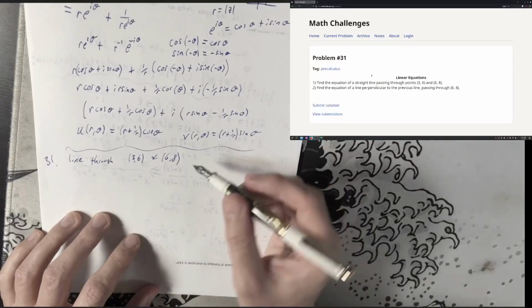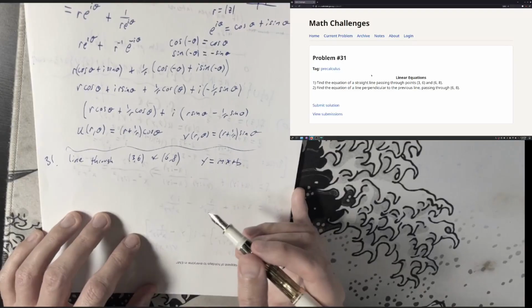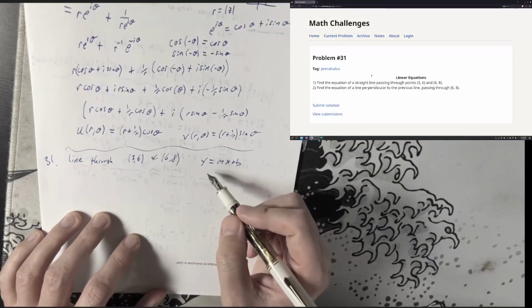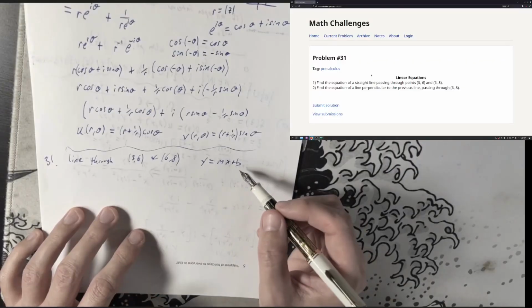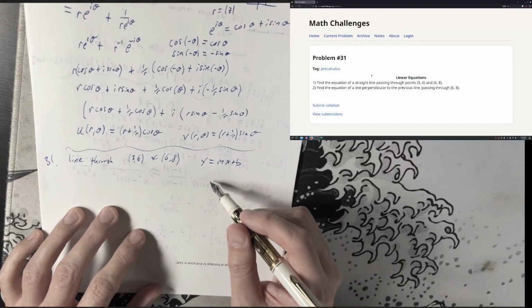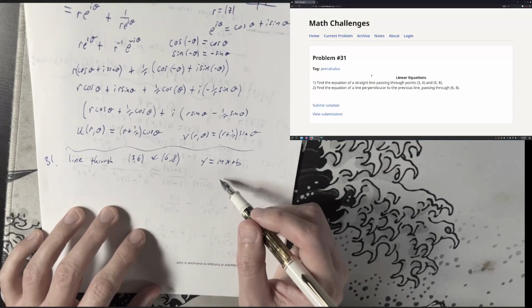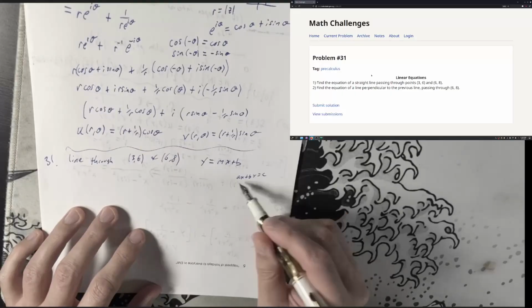Well, what I immediately do, this is the form that your answer is going to take, right? I guess there are other forms you could certainly use, like this is slope-intercept form, or I think of this as standard form, although a lot of people will say ax plus by equals c is standard form.